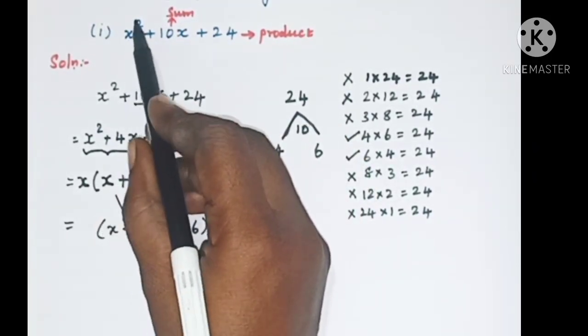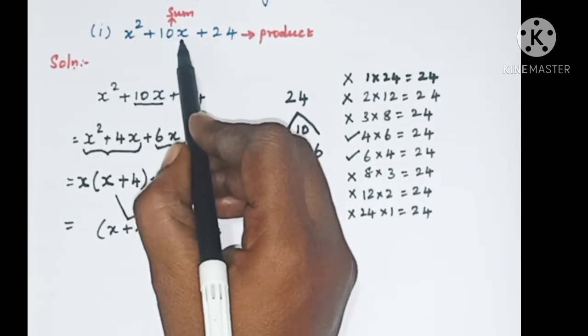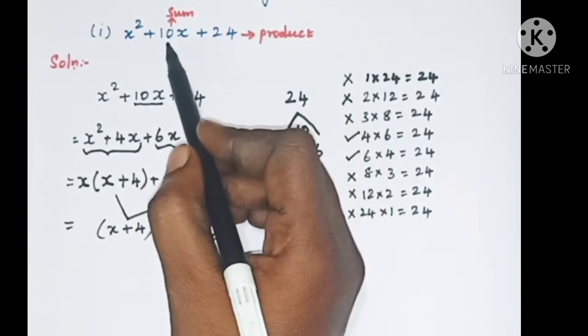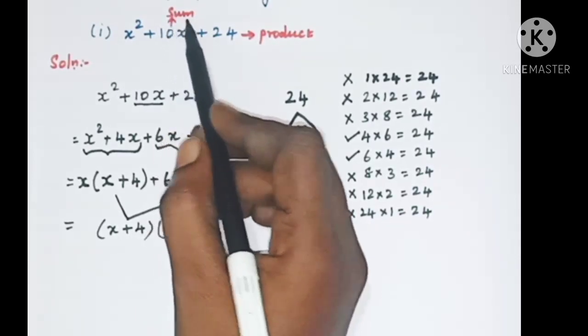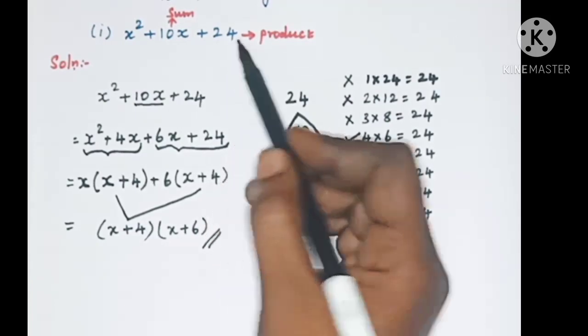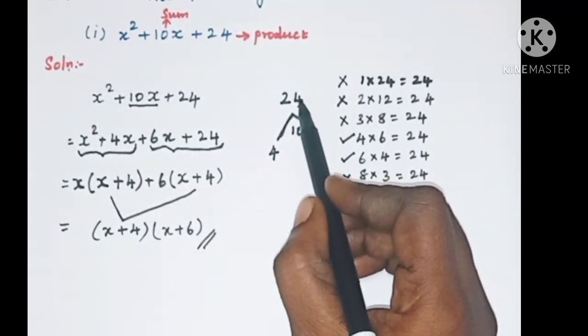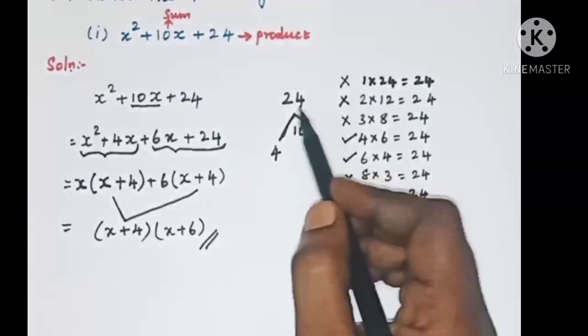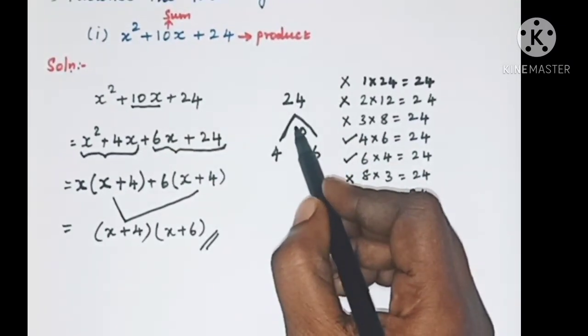The first term is x square, the second one is 10x, and the last term is 24. Take the middle term as the sum and the constant term as the product. So write the product number 24 above and write the sum number 10 here.